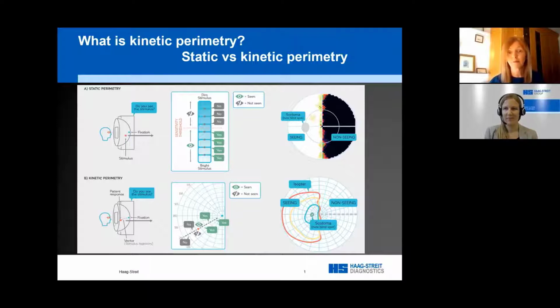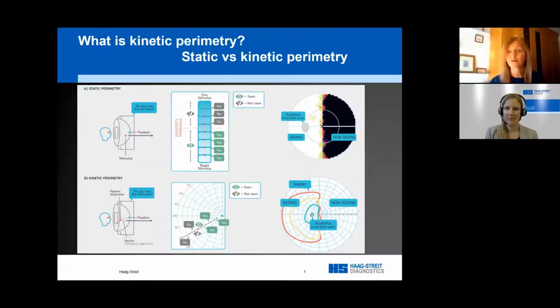And you can see that on the bottom right of this slide. The red area is a peripheral boundary to a large bright target. The blue area is the central boundary to a smaller and a dimmer target, and the areas shown are for the remaining field of vision. There's a blank area where the visual field is missing, as in this case of a right-sided hemianopia.